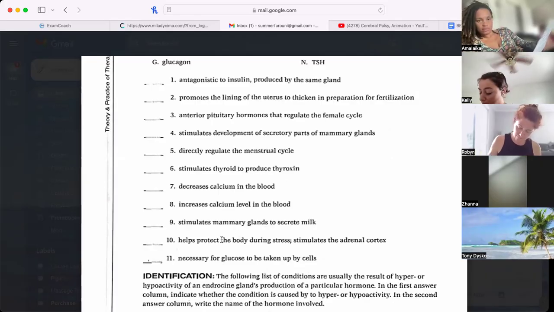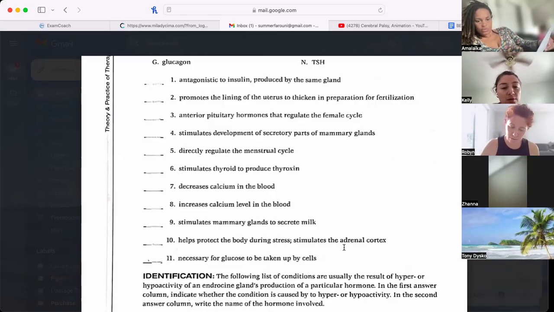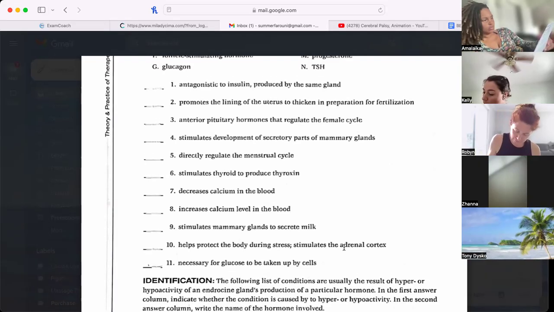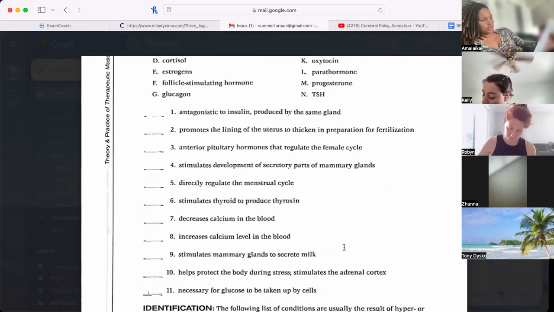Number 10, helps protect the body during stress and stimulates the adrenal cortex. You might have to look that up. It's A, short for corticotropin. Short for ACTH.